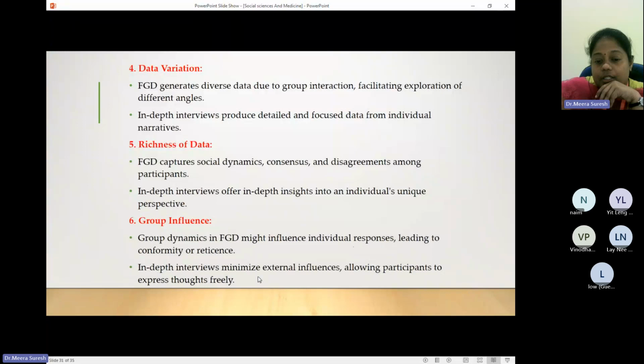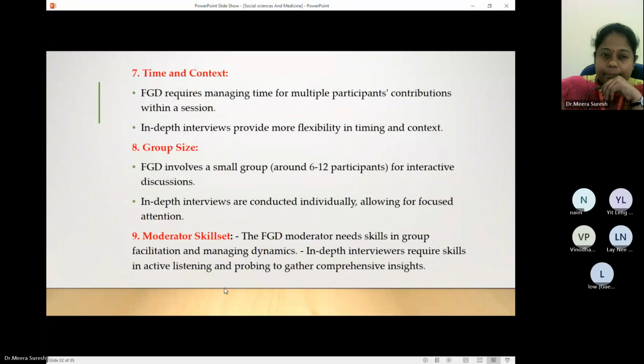In in-depth interviews, there are no external influences because it is just one-on-one. So they express thoughts freely. If one single person is allowed to talk to one person, then the person may be opening up truly. Otherwise, they may not. Then time and context: FGD requires managing time for multiple participants' contributions in a session.